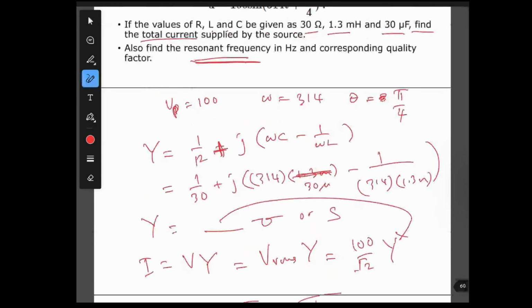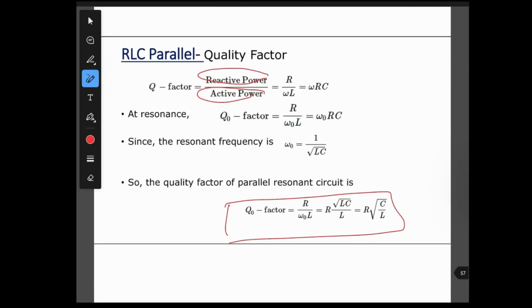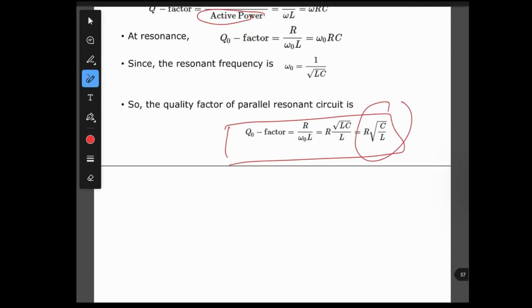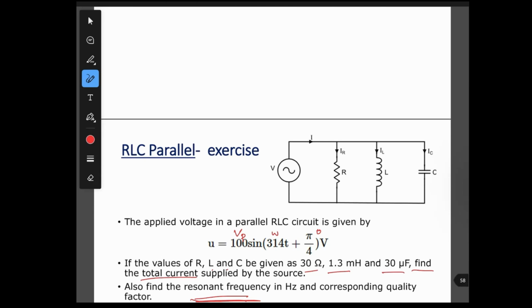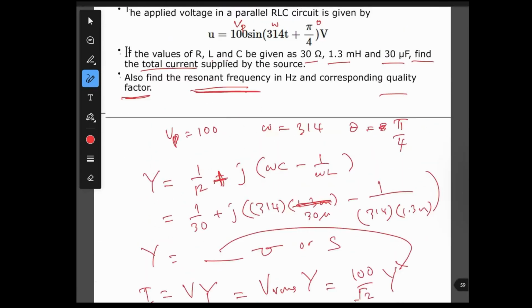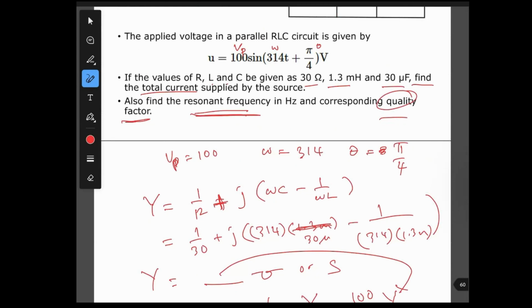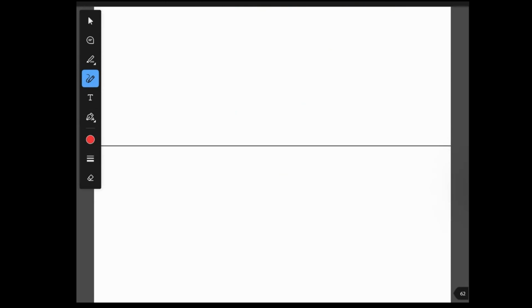Then the quality factor: just use the formula. Substitute the given values into that formula and we will get the quality factor. Okay, I think that's all for the parallel RLC circuit.